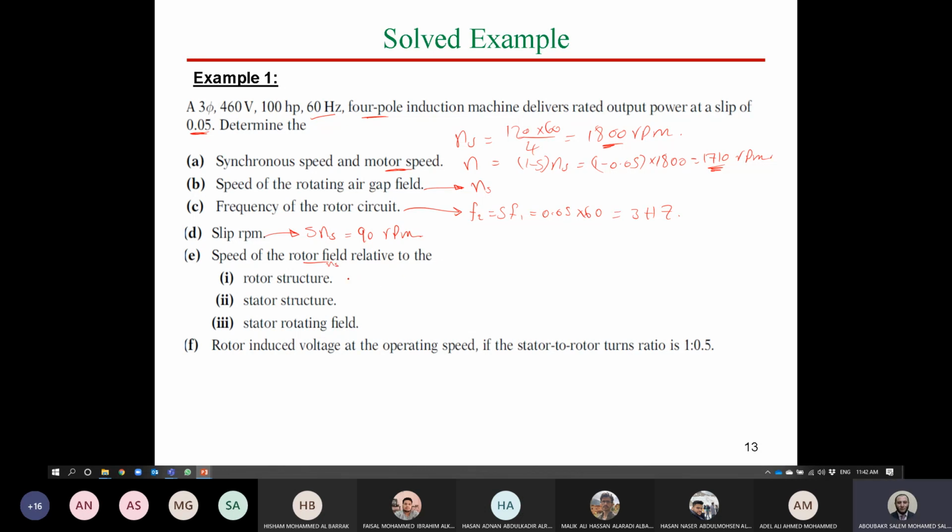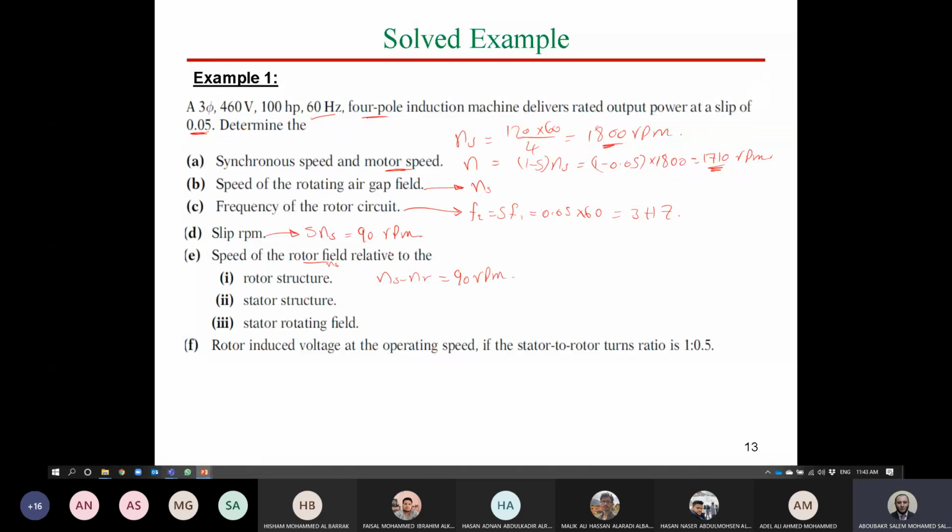But relative to, we have to subtract the other object. Relative to rotor structure, so what is the speed of rotor structure, guys? 1710. Exactly. So we can say now speed of rotor field relative to rotor structure is NS minus NR, which is 90 RPM.